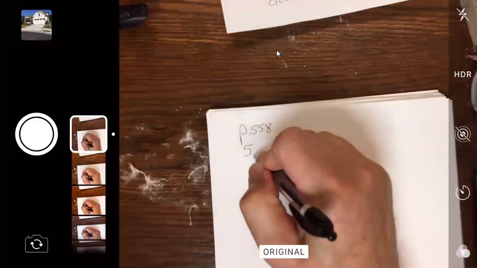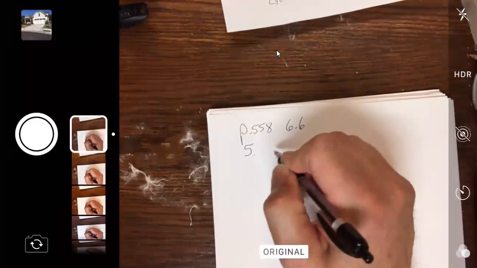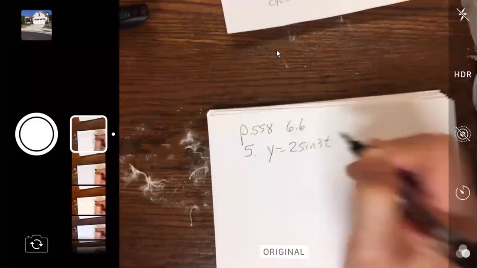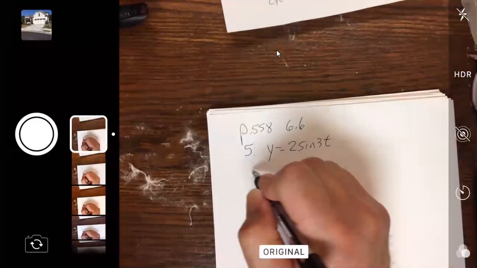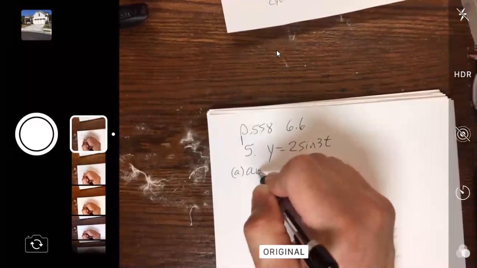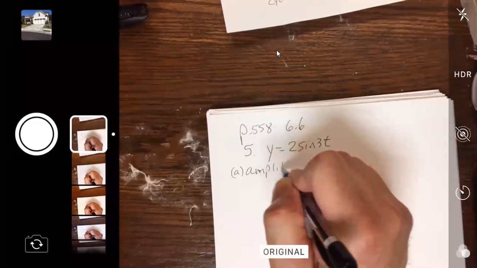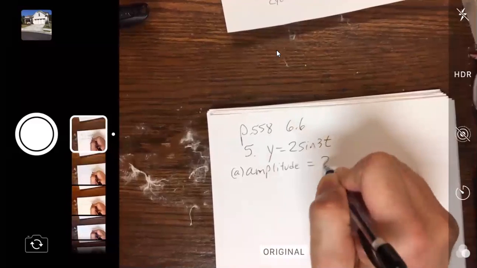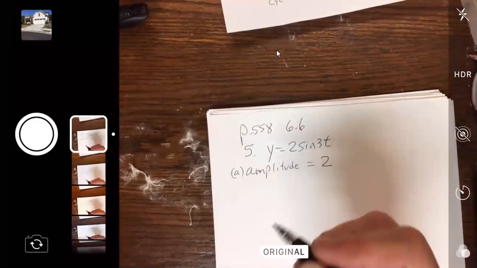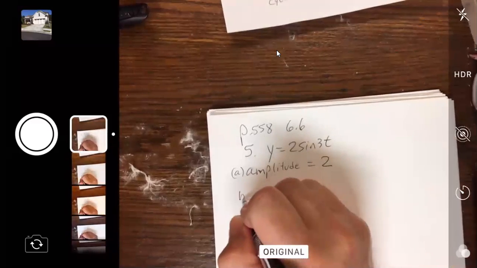So number 5, this is for 6, y equals 2 sine of 3t. They said find amplitude. This is A, the amplitude. That would be 2. Remember, it's the positive version of this, so if it's already positive, it's the same thing. Period.